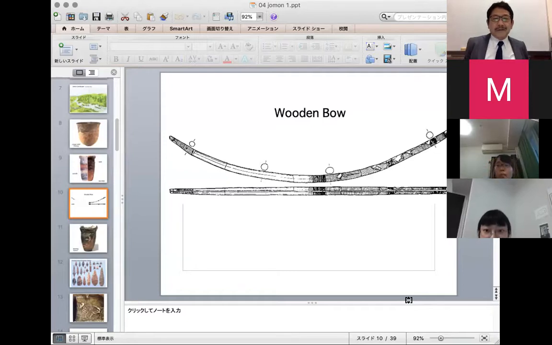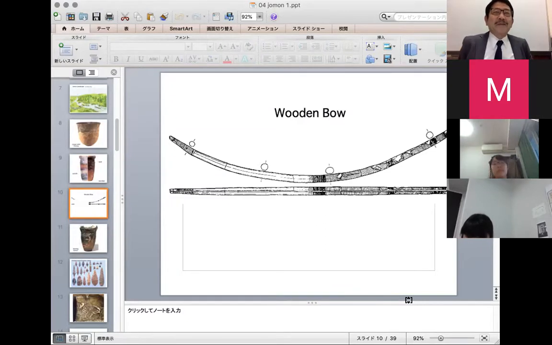You can gain so much accuracy by using the bow and arrow system. And that means you don't really have to have too many arrows. Hunting with a spear, you have to have many spears because you don't really know where it flies, and you can't really aim at a certain point of the animal.